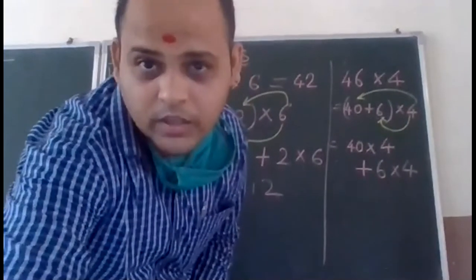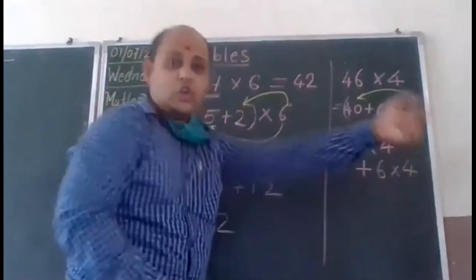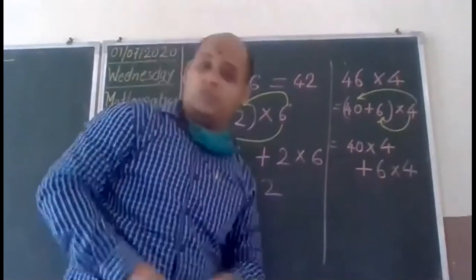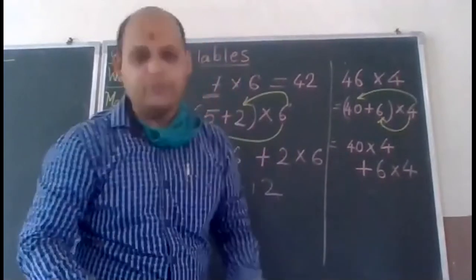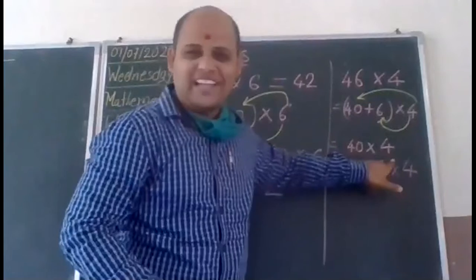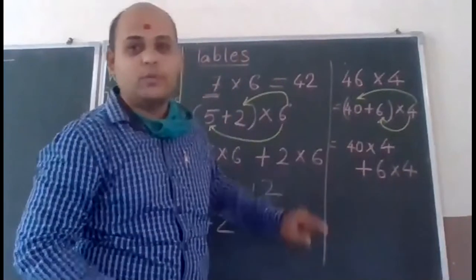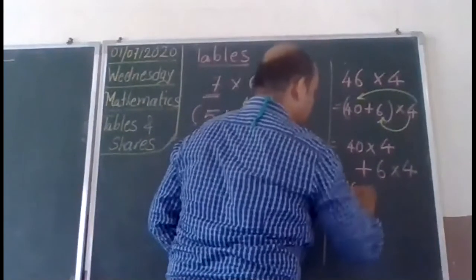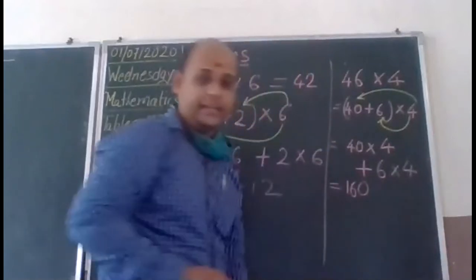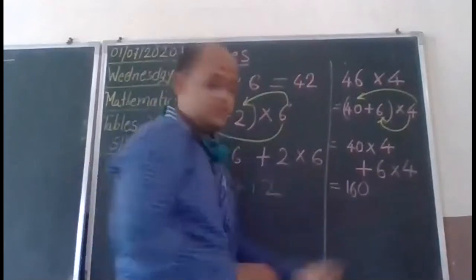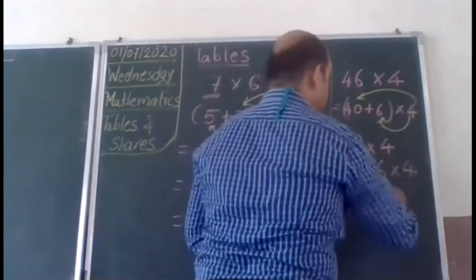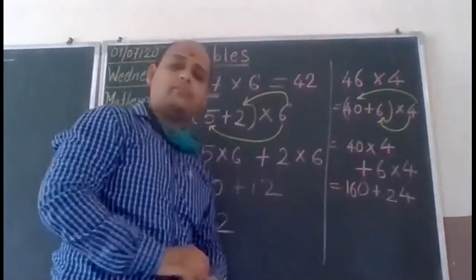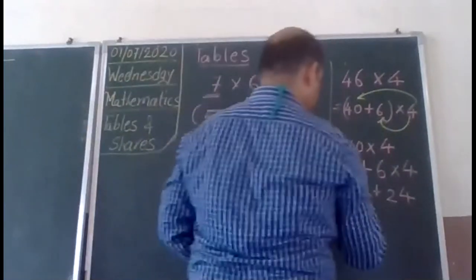Understood? So what happens is 4 4s are... Do you know the table of 4? Obviously, yes. 4 4s are 16, and then you have to put 0. 4 4s are 16 and 0 makes 160. Plus 6 4s are 24. Just add them. Very simple.